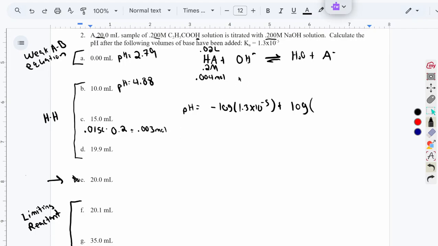Sorry, it's real ugly. So, again, a little bit of a limiting reactant problem. This is all going to be used up, but this is also how much A minus is going to be created.